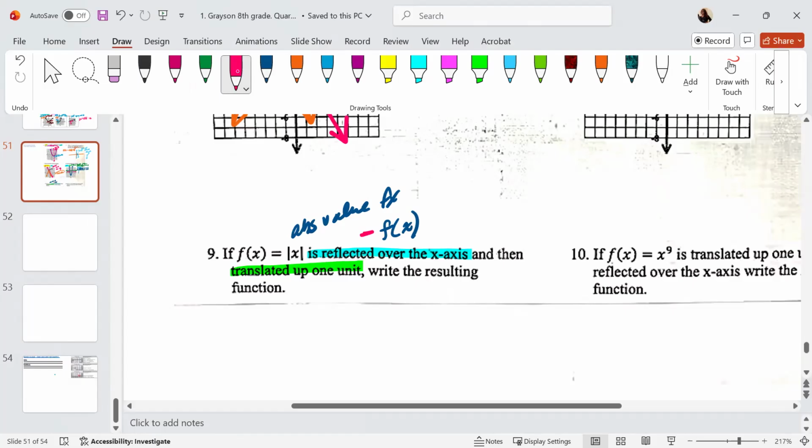There's a negative there, right? And then translate up 1 unit, that's negative f of x, and then plus, or I'm sorry, absolute value like that. Absolute value x plus 1, right? Write the resulting function. So f of x, not y, just f of x equals negative absolute value x plus 1, right?